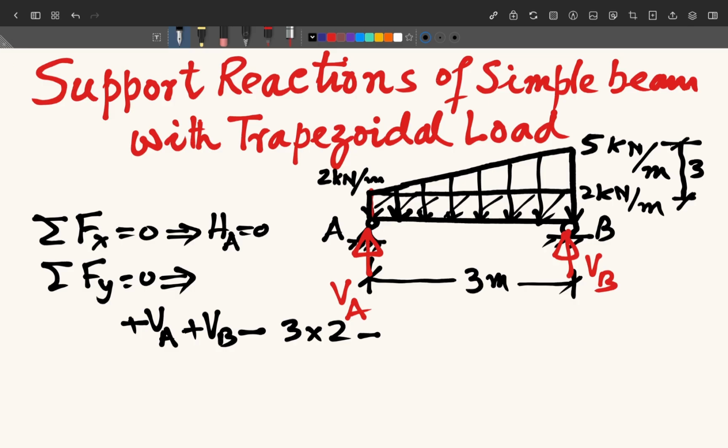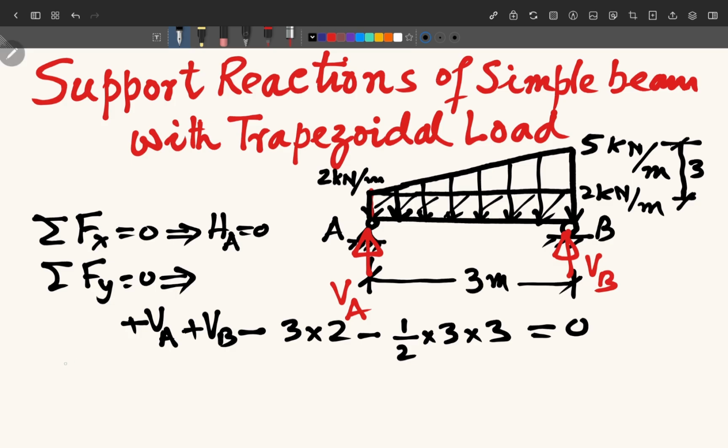So for triangular loading, the total load will be equal to half base into the height, that is 3 kilonewton per meter and base is 3. So these are the two acting loads. There is no other load acting on this beam. So plus VA plus VB minus 3 into 6 minus half of 3 into 3 is equal to 0. This is your sigma Fy equal to 0.